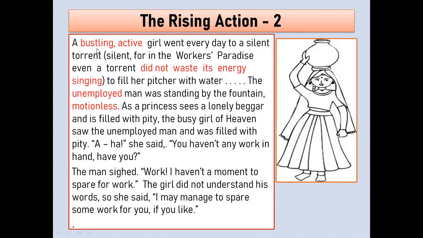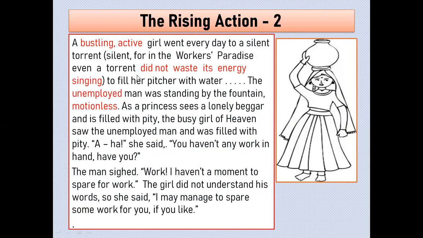So look at the adjectives that are used for the girl. She's bustling, she's active, which is a total contrast to the unemployed man who is inactive, who is idle, and who is standing motionless by the torrent. And the writer uses irony here. He says that the torrent is silent because in workers' paradise, even a torrent did not waste its energy singing.